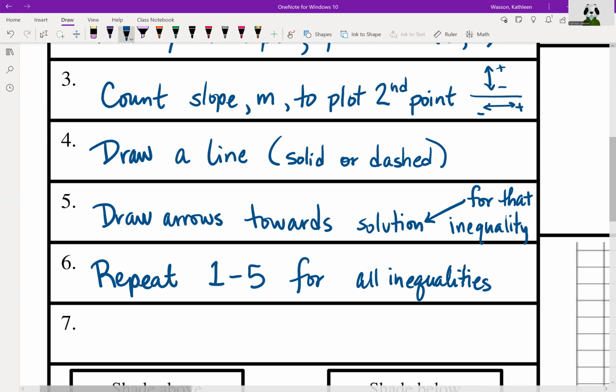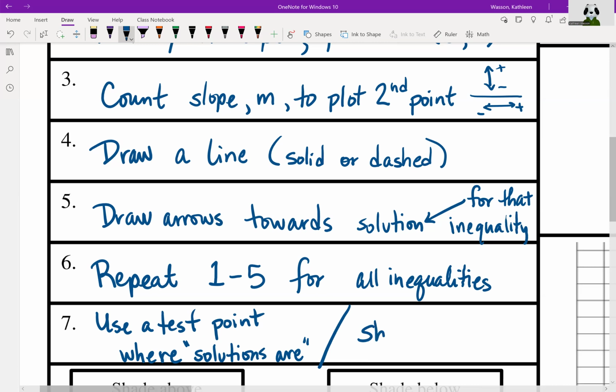So before you go shading everything in, let's use a test point where you believe the solutions are. And that's just to double check and make sure that before you shade, you're shading the right area. And then you shade that solution.